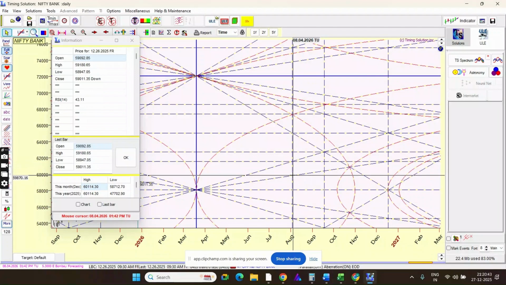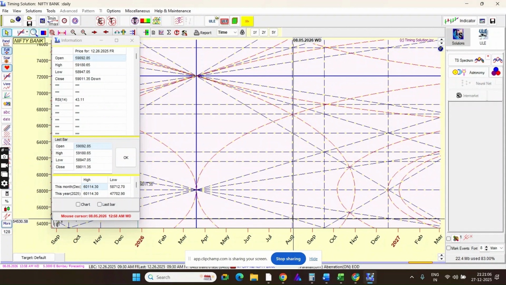Below this we have again the 58,000 or 58,100 level. If we are staying below this, then this could be 56,350, and this could be 54,500 if the correction continues.